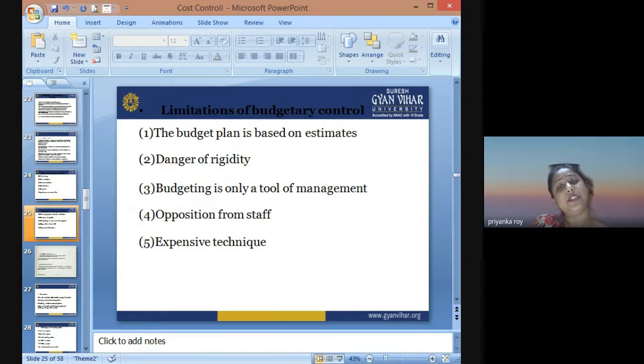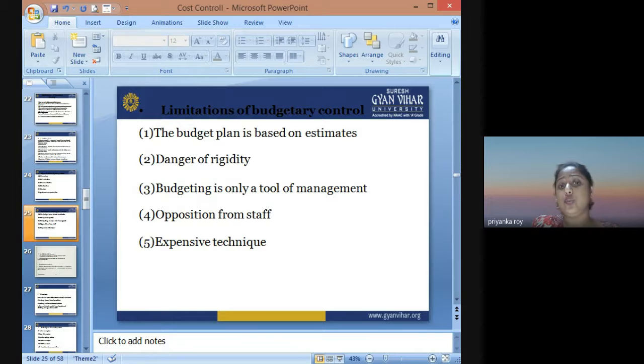Now the limitations we face during budgetary control are that the budget plan is based on estimation, and the danger of rigidity can also lurk here. If you become rigid and not flexible, then at the time when a change is required, there is not much space if you have a very tight budget.